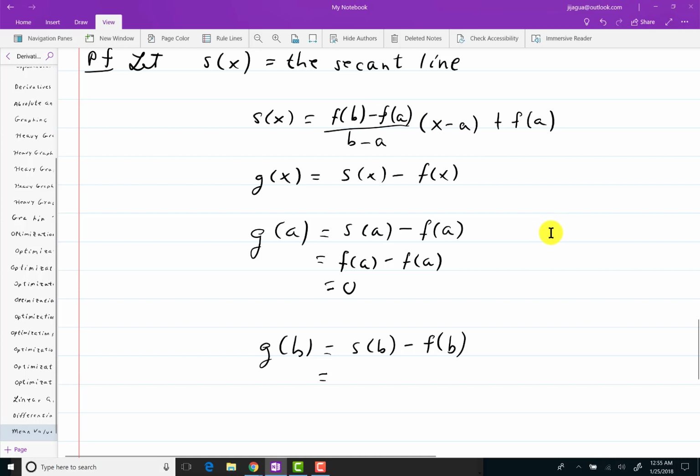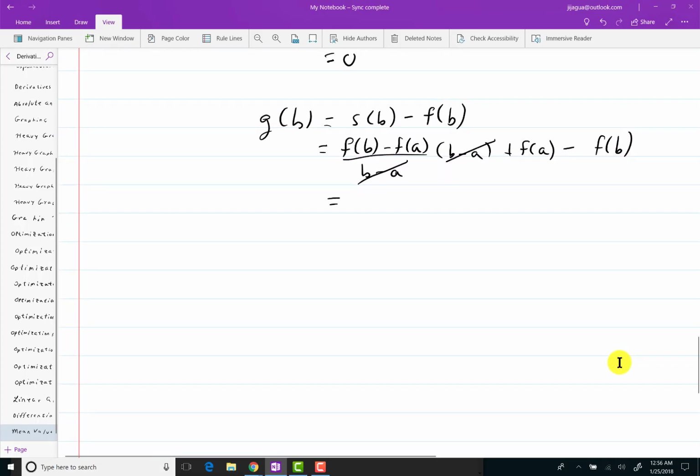So I'll have f of b minus f of a all over b minus a, times b minus a, plus f of a minus f of b. Let's see, cancel, cancel. And you see you've got f of b minus f of a plus f of a. The f of a's cancel, but you also have f of b minus f of b, so the f of b's cancel, and that equals 0.